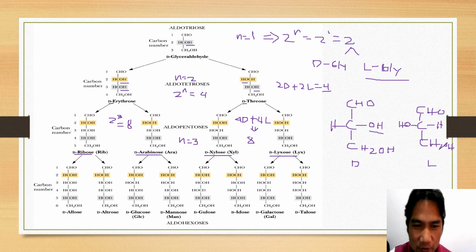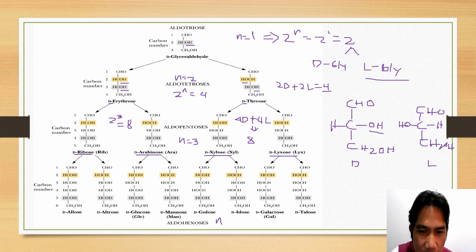All right, so right here below, these are aldohexoses. Aldohexoses contain 6 carbon atoms, but there are 4 chiral centers in a molecule, just like what we have seen in the previous slide. So what are the chiral centers in aldohexose? The carbon 2, 3, 4, and 5.